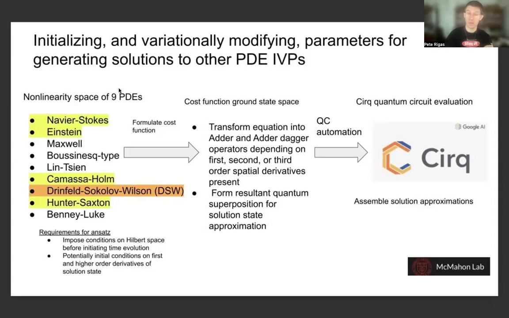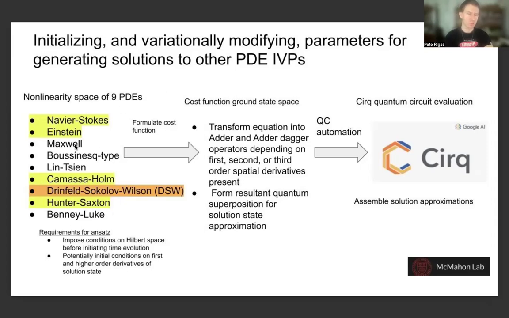Which is to say that when I was giving this presentation at the March APS April meeting, I think a few years ago at this point, I was describing how we can look at the nonlinearity space of nine PDEs, ranging from Navier-Stokes, Maxwell, Boussinesq type, Lenells, Camassa-Holm, DSW, Hunter-Saxton, Benny-Luke, with the requirements for the ansatz that we're trying to configure this time evolution in this simulation in a very favorable position within Hilbert space, which could potentially impact the initial conditions on the first and higher order derivatives of the solution state.